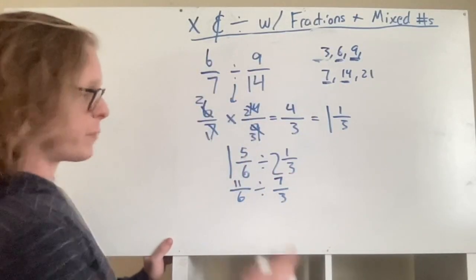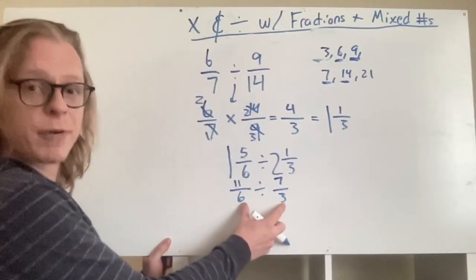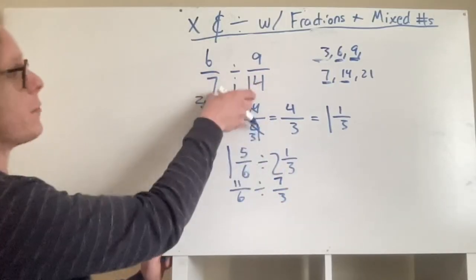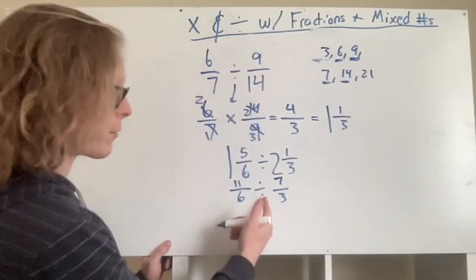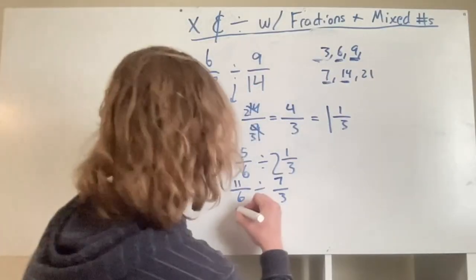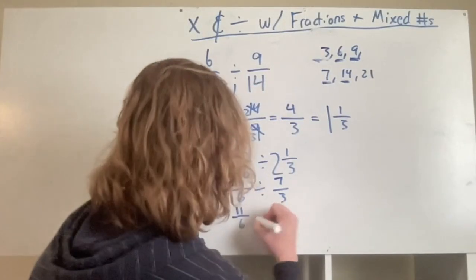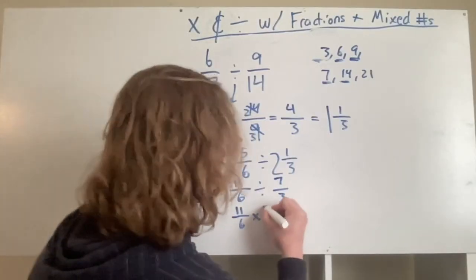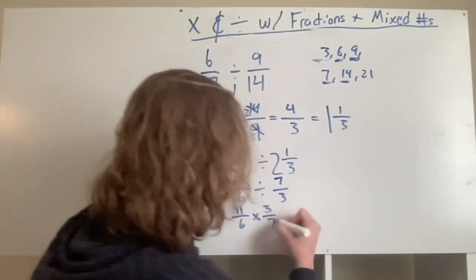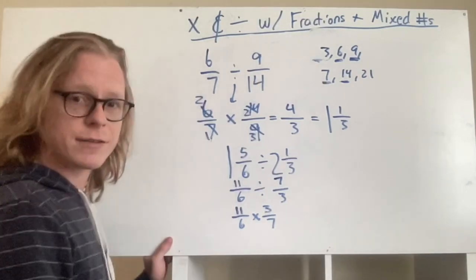Okay? Now that we've changed each of these into improper fractions, the process is no different than it was here. We're going to rewrite this as multiplication. 11/6 times the reciprocal of 7/3, which is 3/7.